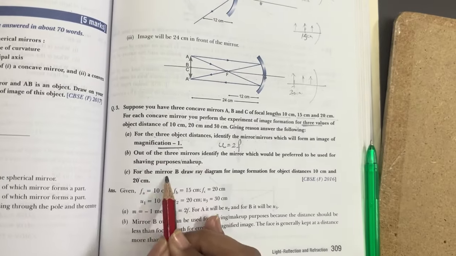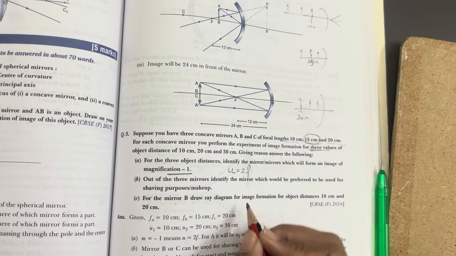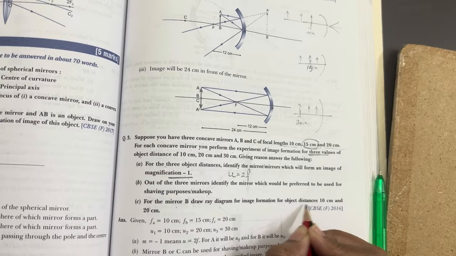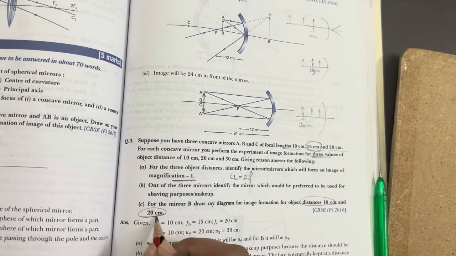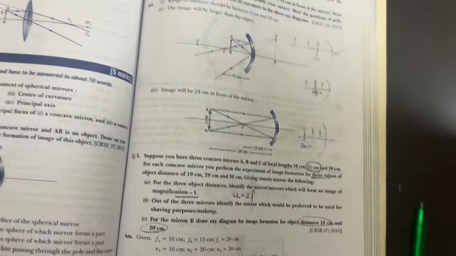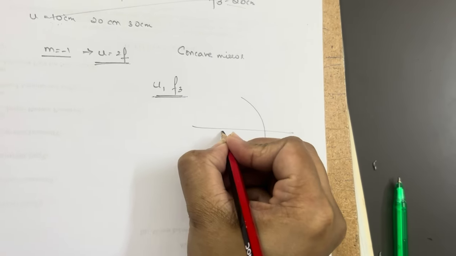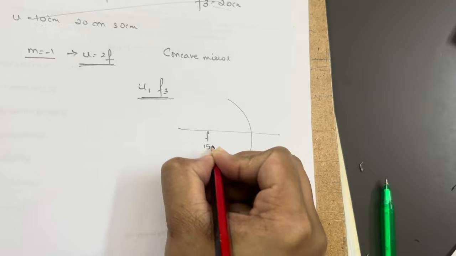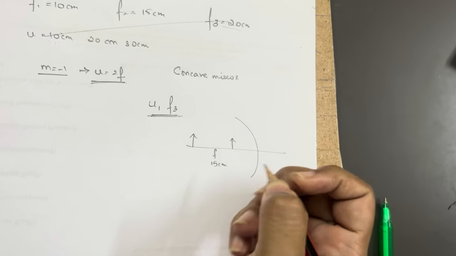Okay. Now, after that it says, for mirror B, draw a ray diagram. Mirror B, the focal length is 15 centimeters, for the image formation of object distances 10 centimeters and 20 centimeters.